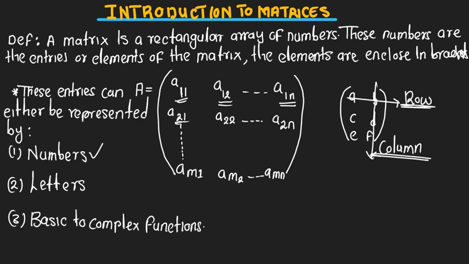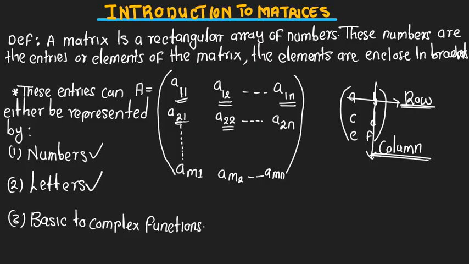If you have a matrix represented like this, you've got the second row, okay? It implies that this is actually a 2 by 2 matrix, okay? The first one 2 by 2, the second one also 2 by 2, row by column.